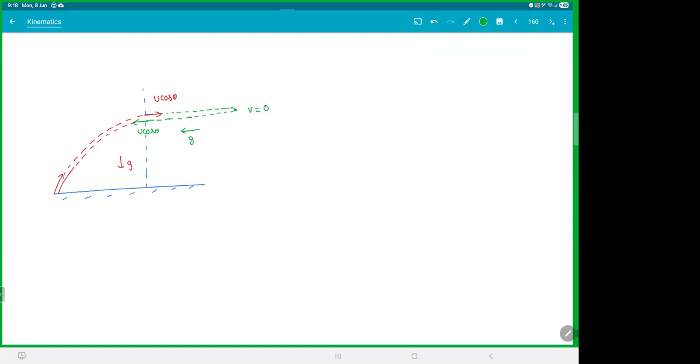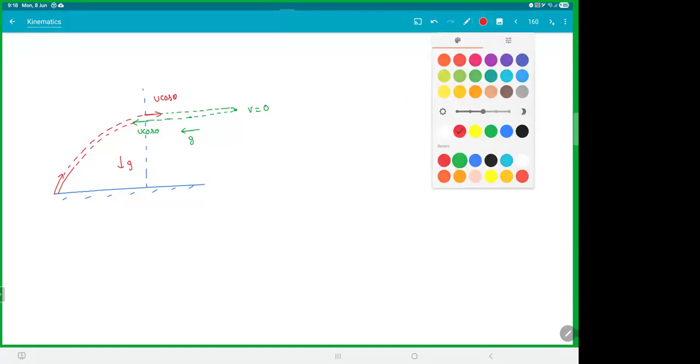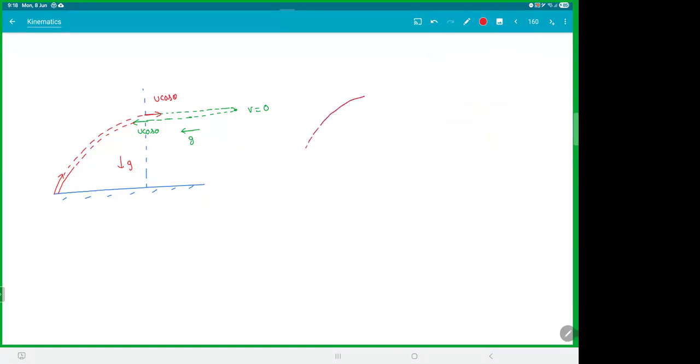If you just turn the page 90 degrees, doesn't this part of the motion look like a vertical projectile? The particle is thrown up with u cos theta and the gravity is g. It will go up and come down. But when it comes back and crosses the line, gravity will again change direction, so it will fall down. So if you look at this whole motion, it looks like this part, which is u sine theta by g, the time of ascent, plus the green one, which is a 1D motion that goes and comes back.